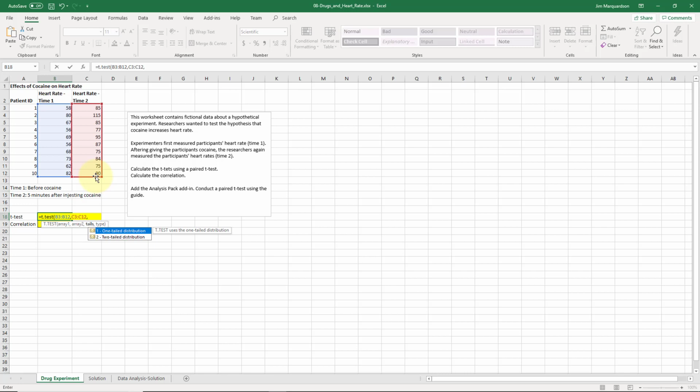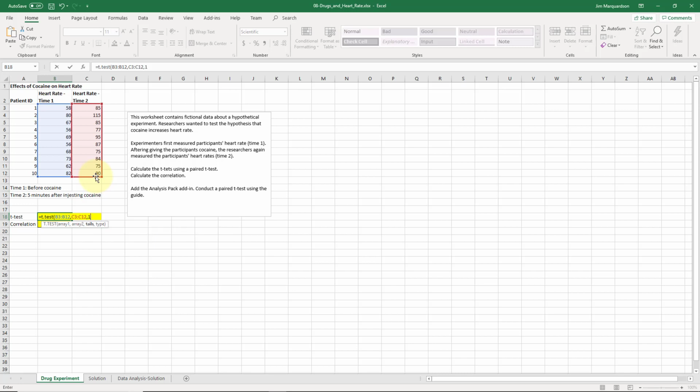That means we believe that the effect is going to go in one direction. So theoretically, we could use either here depending on what we thought beforehand. If I said to myself, I think cocaine is going to increase people's heart rates, I would use a one-tailed distribution. If I said, you know what, I think cocaine is going to change people's heart rates, but it could go up or down, I'm not quite sure, I would use a two-tailed distribution.